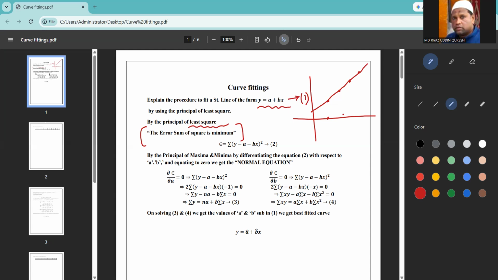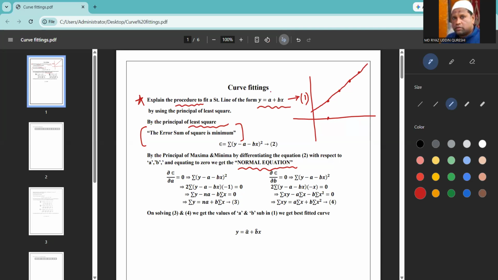Another way of asking this question is: write the normal equations for this straight line. So these are the normal equations. And in the exam they may ask you to explain the procedure to fit a straight line of the form, which is clearly mentioned in the question paper. It is the y is equal to a plus bx form.